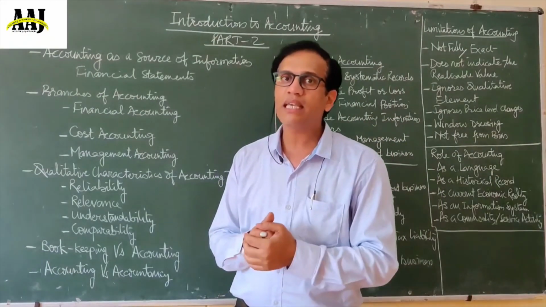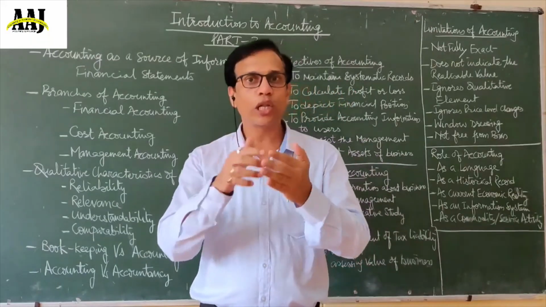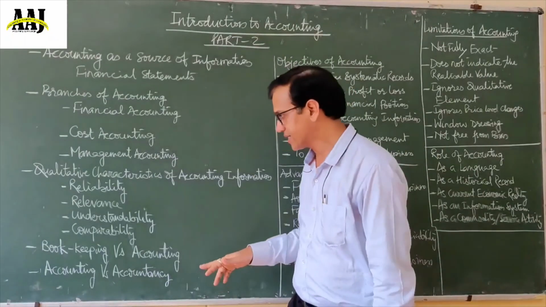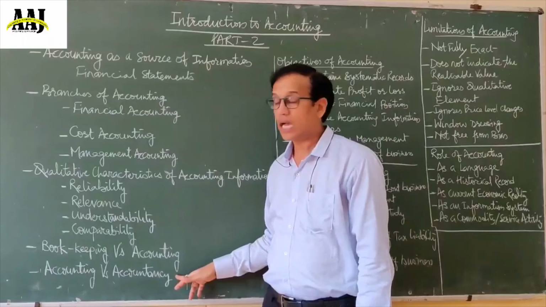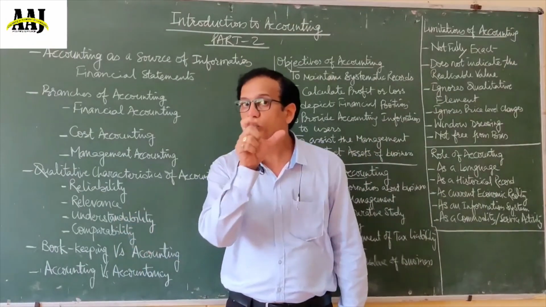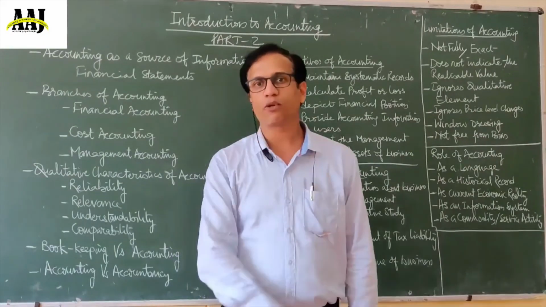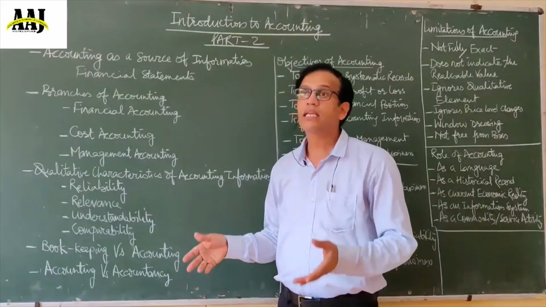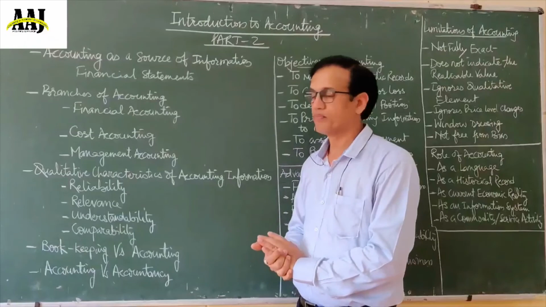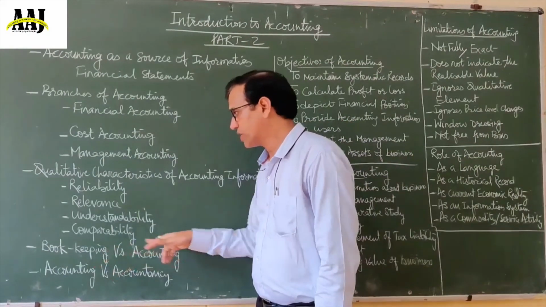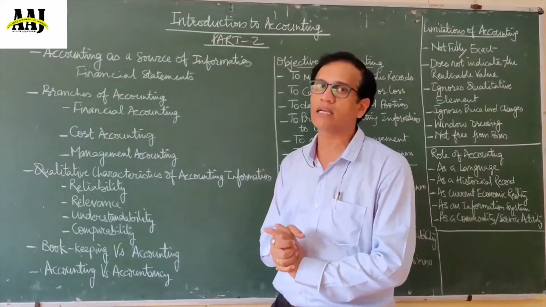Then accountancy is the knowledge of accounting. It provides us knowledge of accounting. How to make accounting or how to make that account, we require a process, and the knowledge of that process accountancy tells us about. So these two words, let us first discuss bookkeeping and accounting.